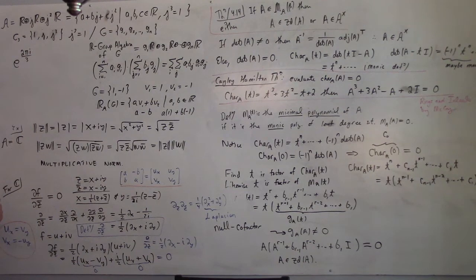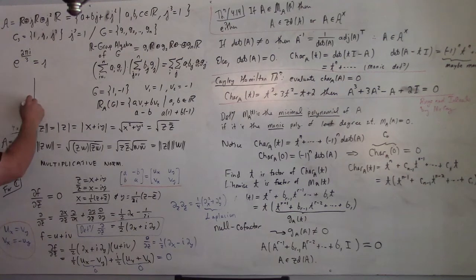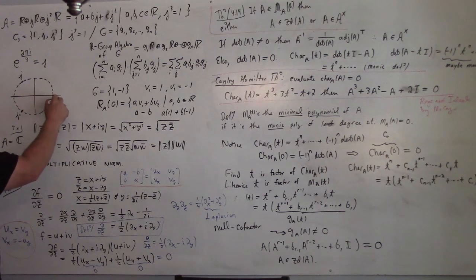You could let that be j. Because you have 1, and you have j squared. So if this is j and this is j squared, j times j squared gives us j cubed, which is equal to 1, right?